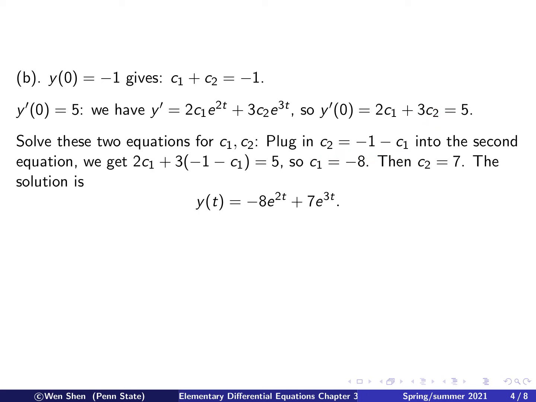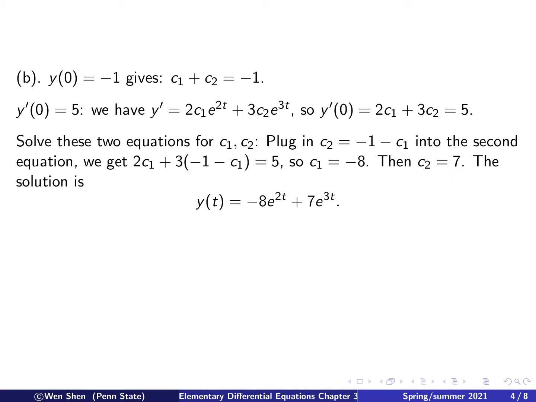So C2 is replaced now by that. So we get this equation with only C1 that's unknown, and then you can easily solve it and find C1, which is -8. And then I can plug C1 in here to find C2, will be -1 plus 8, so it's 7.